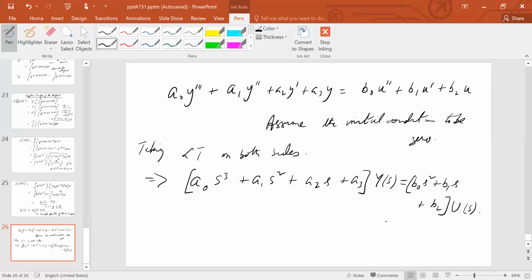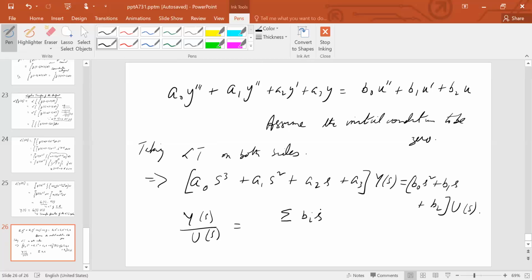Once you have done that, what you may then write is the following: y of s upon u of s is nothing but the summation of b i s to the power.